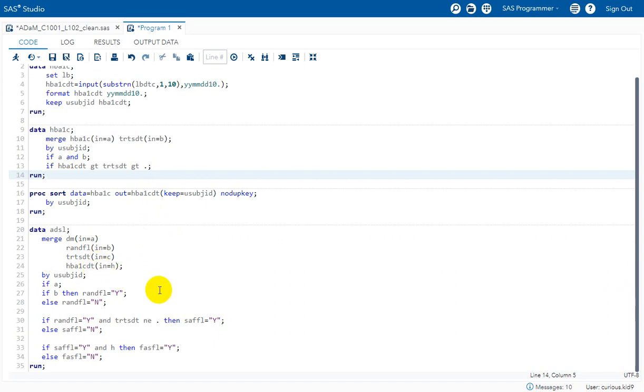So for the safety flag, we need a treatment start date and randomization flag. And for FASFL, we need information on HbA1c and also treatment start date. So what we are doing here is the previously derived SAFFL is being used and then checking for the presence of a record in HbA1c dt, which in turn means that the subject has a record with a collection after treatment start date.